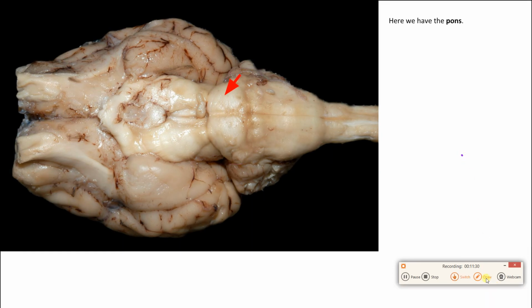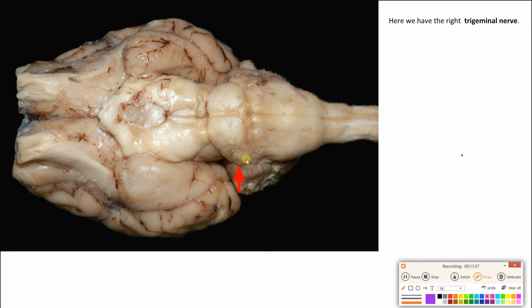If we keep on going, we can see a cut trigeminal nerve. This guy right here is a cut trigeminal nerve. Remember, the trigeminal nerve is cranial nerve number 5. It is a mixed nerve, so it has sensory and motor functions.